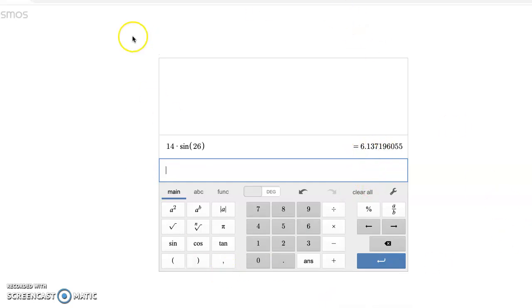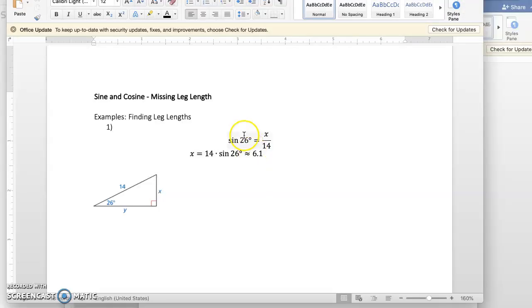Now to go back to the cosine length, we're just going to reverse these operations. So y is adjacent to 26 degrees. So instead of sine of 26 degrees, it's cosine. And then instead of x in the numerator, it's going to be y, adjacent side over hypotenuse. So that denominator doesn't change. Now to solve for y, we're going to be multiplying 14 times the cosine of 26.